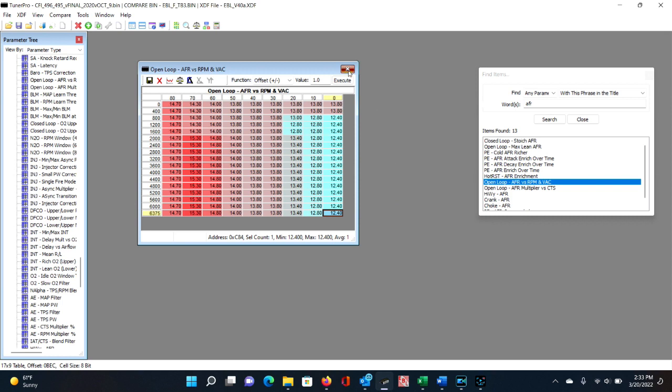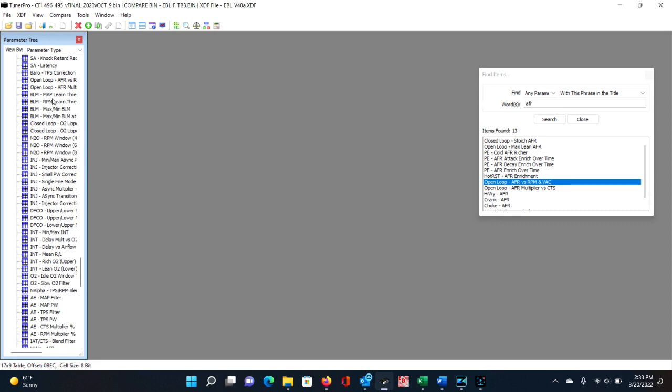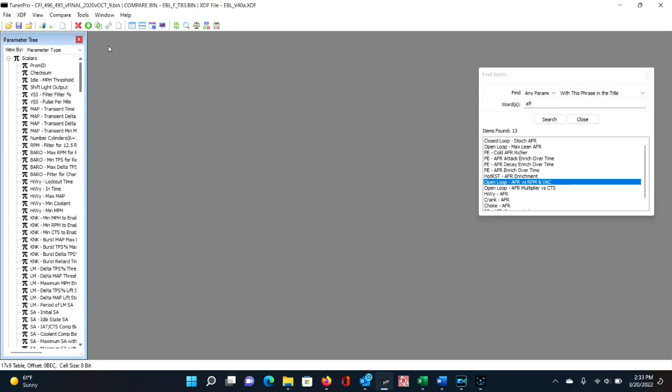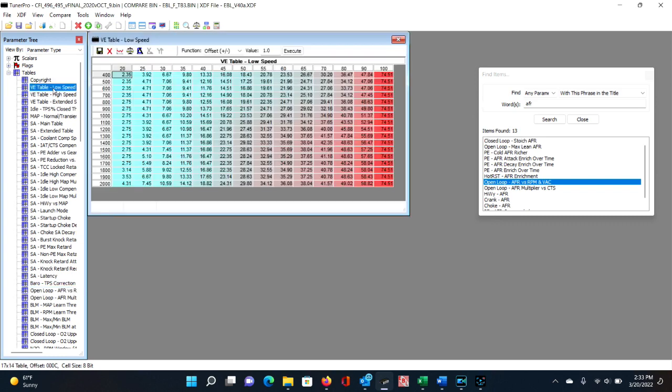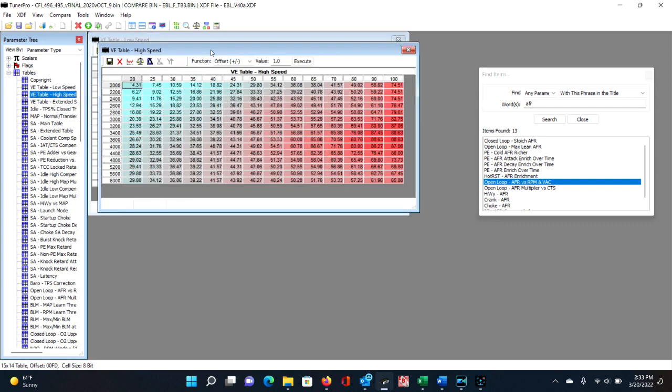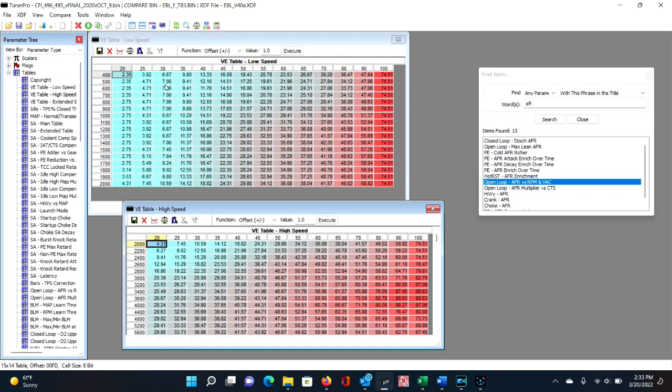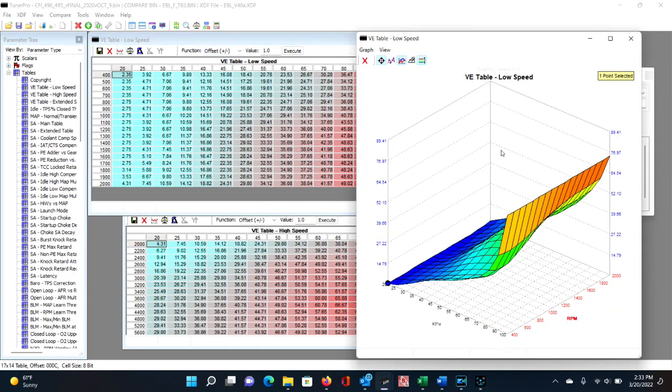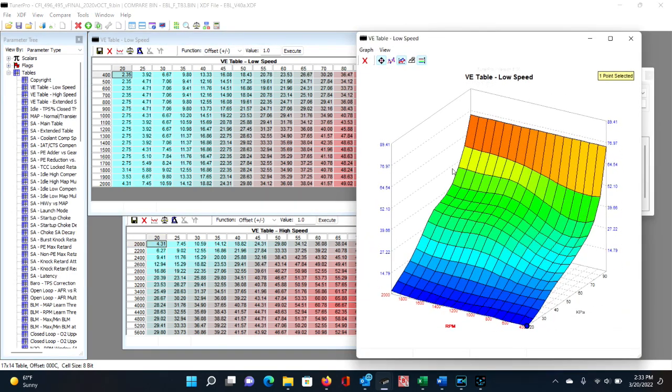Now, the last thing I'll just say is that probably one of the best features of EBL really is going to be its ability to create a VE table for you using the VE learn function. Now, if you use the wideband, it'll get you started.